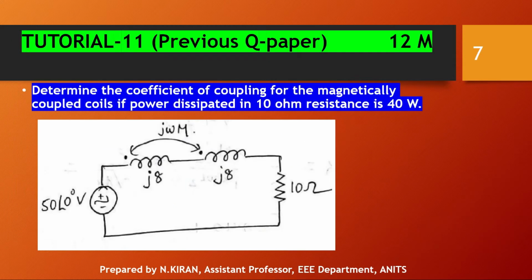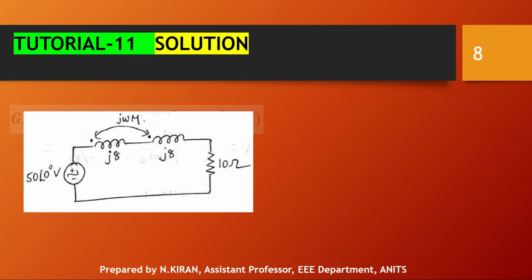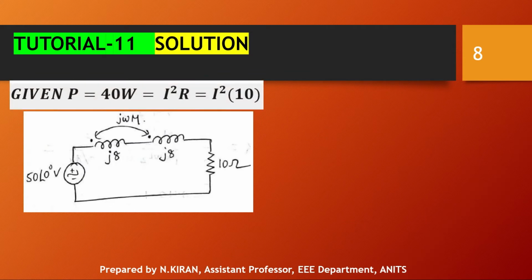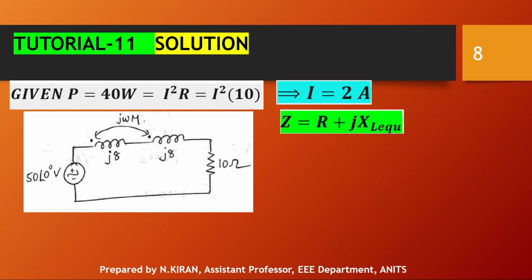The next, 11th sum, asks us to find the coefficient of coupling for the magnetically coupled coils if power dissipated in the 10 ohm resistor is 40 watts. So power dissipated is 40 watts, which is I square R. R value is 10 ohms. From that, I value will be 2 amps. Total impedance of this circuit, Z, will be R plus J XL equivalent.